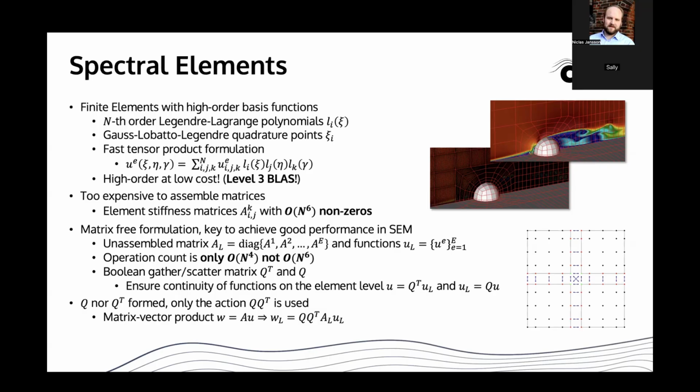But of course, if you cannot form A, you cannot form Q either. It turns out, when you work this out, that you only need the action of Q transpose inside Krylov solvers. And Q transpose turns out to be just nearest neighbor point-to-point exchange of these red and green dots that you see here in the lower right.